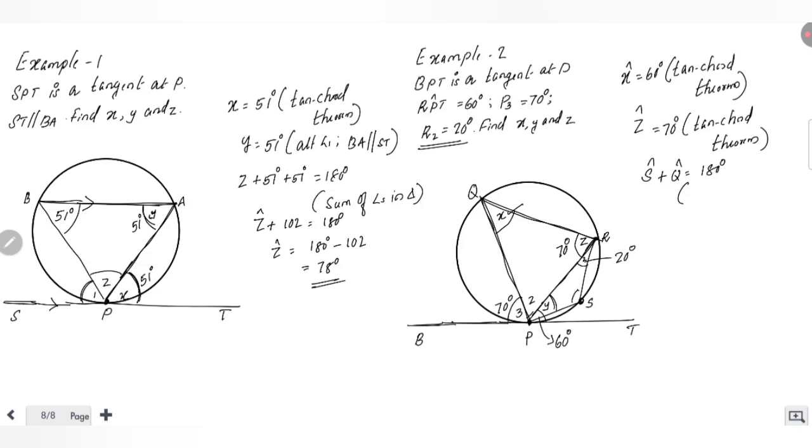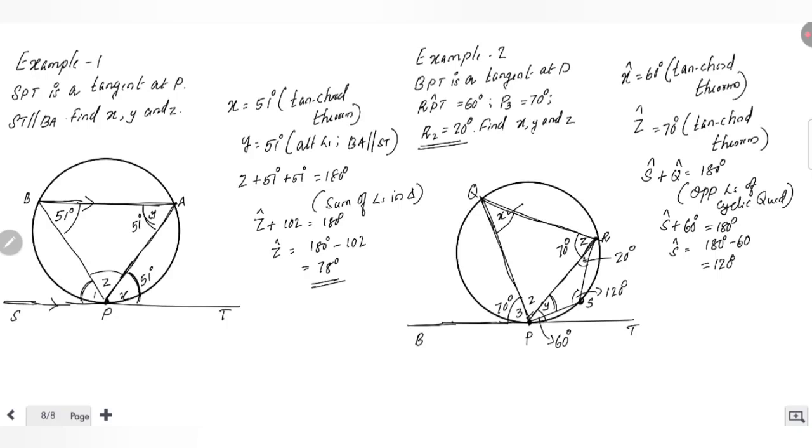The reason is opposite angles of a cyclic quadrilateral are supplementary. So S plus Q, which is the same as X, that is 60, is equal to 180 degrees. So angle S is 180 minus 60, which is 120 degrees.